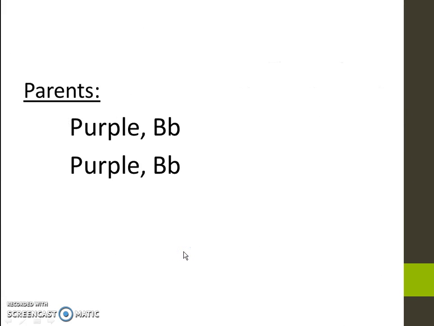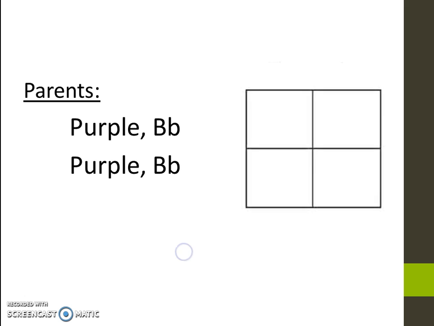Okay, here's another example. So here are your two parents. Let's do both of them heterozygous this time to see what we get. So set up your square. I'll give you a second, you can pause and set these up and try to solve it, see what you get. When you do solve it, you should distribute your gametes this way.